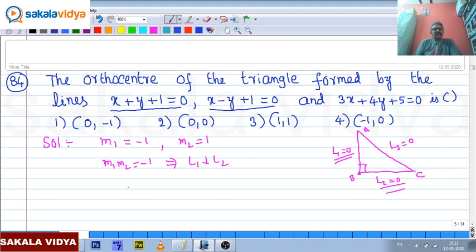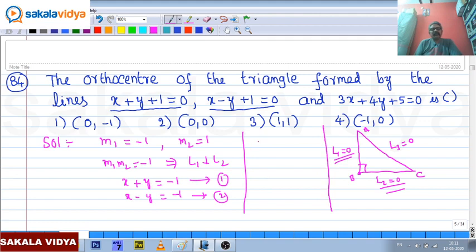Solve these two equations. First equation is x plus y equal to -1, say equation 1. x minus y equals -1, say equation 2. Adding, so if you add, what do you get here? 2x equal to -2. x is equal to -1.